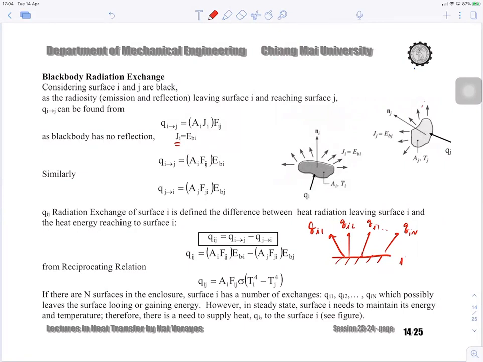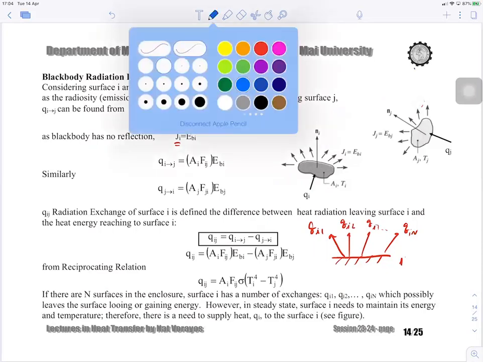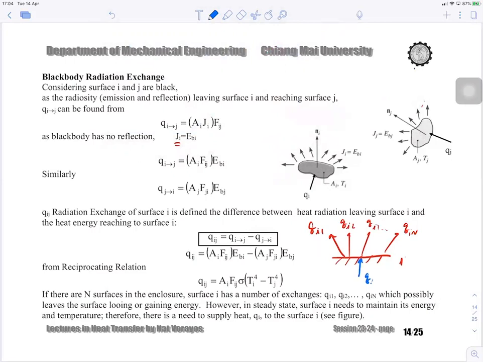The situation of steady state cannot happen unless you supply Qi. That's why we're going to say that Qi is equal to the radiation exchange from i to 1, plus the radiation exchange from i to 2, until i to surface N, providing that the enclosure has N surfaces.